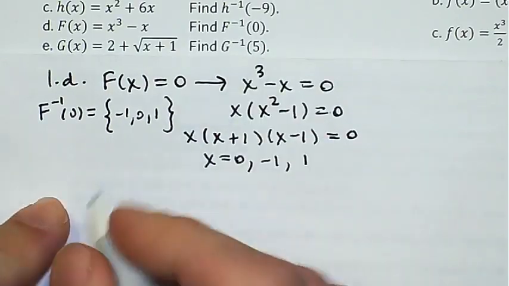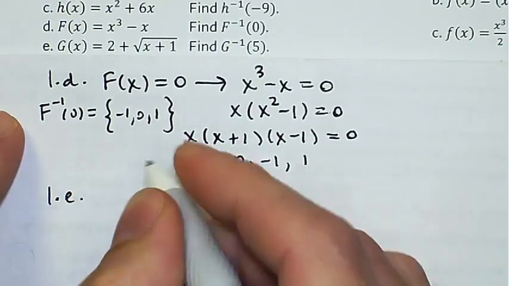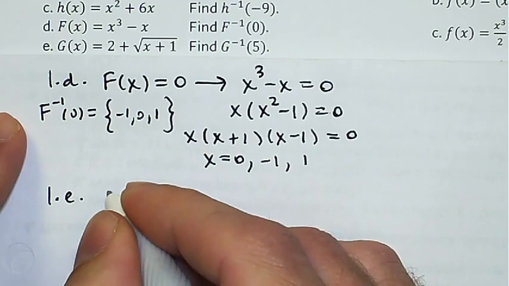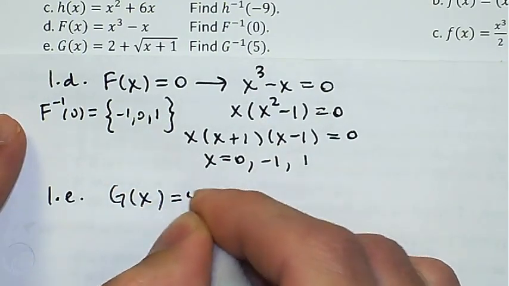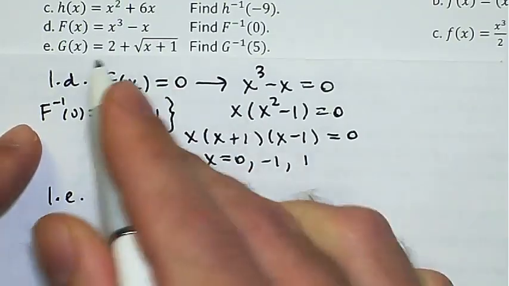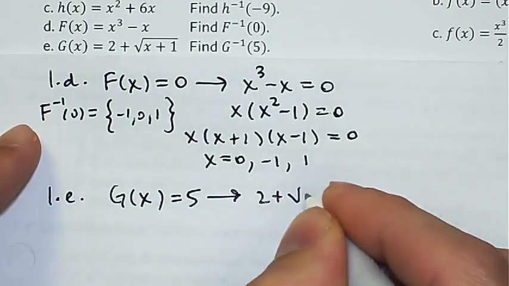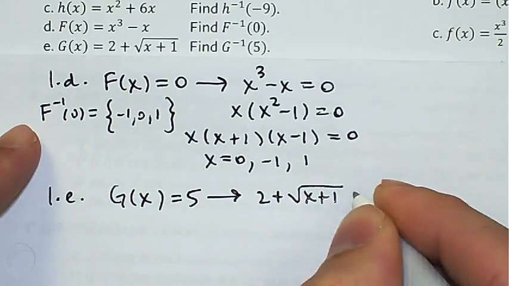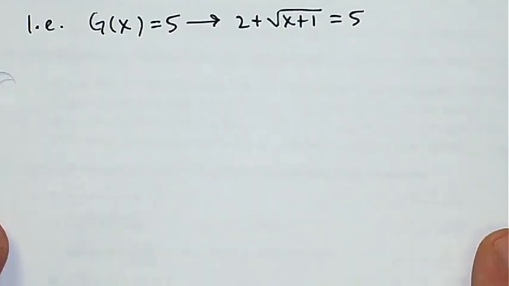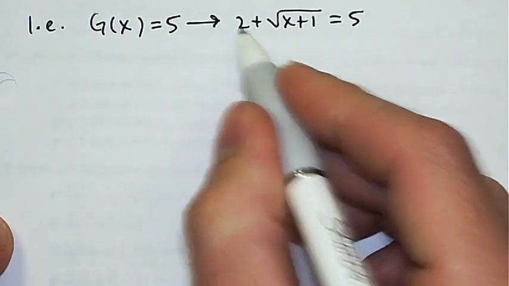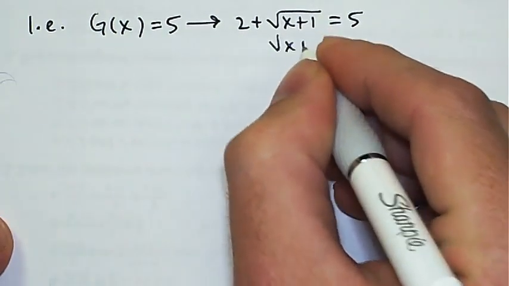All right, E is going to be, I might need to copy that one. I'm looking at it. All right, so we're solving g inverse of 5, so that's like solving the equation g of x equals 5. And with 2 plus the square root of x plus 1 equals 5. All right, and so what I'm going to do is subtract 2 from both sides.